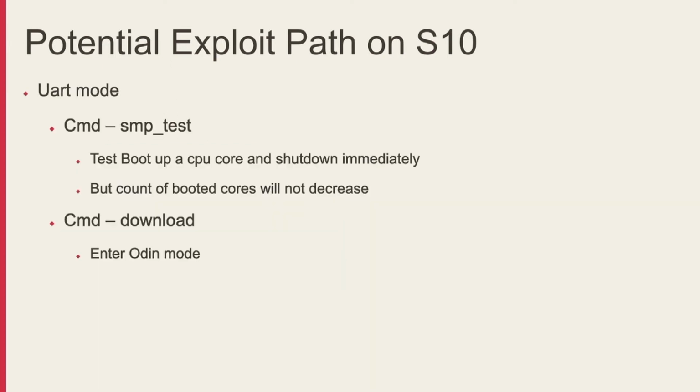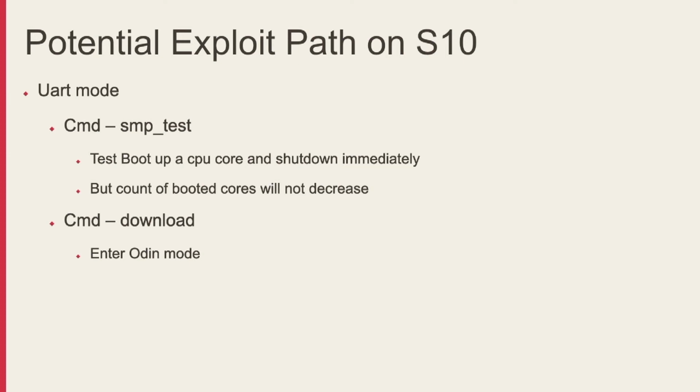That is amazing. There's really a way to achieve it. Secure boot has another mode, which is called UART debug mode. The mode has a command that can boot another core for testing. Most importantly, when it's done, it will not decrease the count of booted cores.